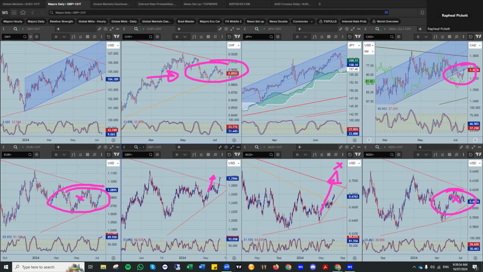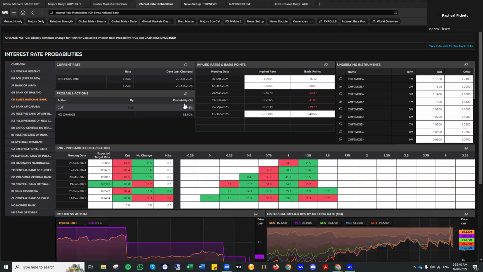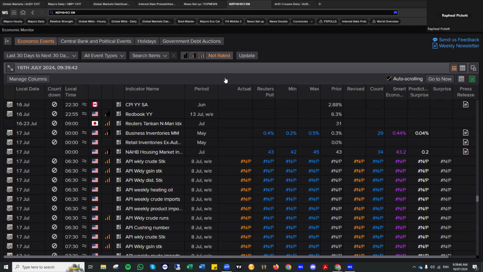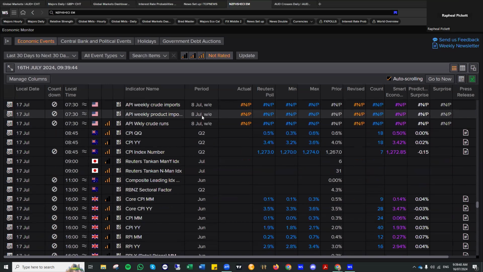And so it's very important that you know how to interpret the interest rate probabilities, because then you know exactly the upcoming data. When you look at various data releases, you can say, okay, let me have a look at this CPI number out in New Zealand.